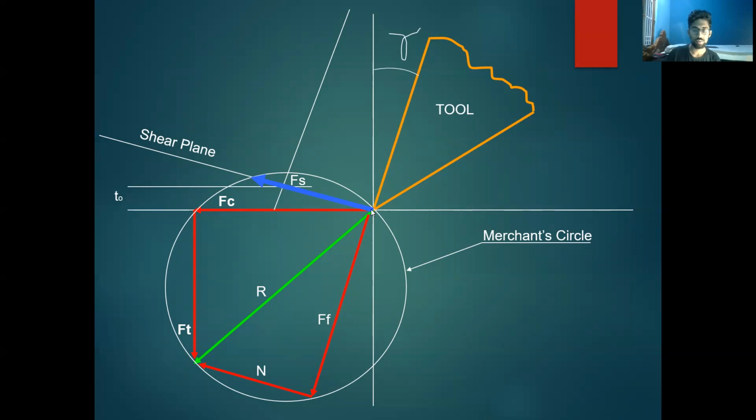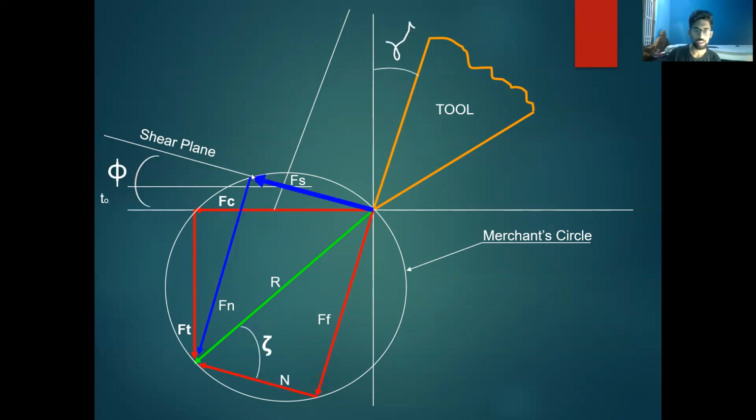This is from the tool tip to the merchant circle tip, and from that it will be extended to the tip of the resultant. So we get a shear angle. We can get it, which is the tool rake angle.